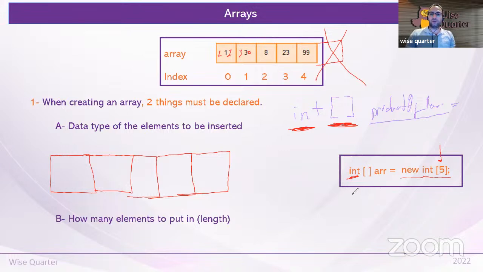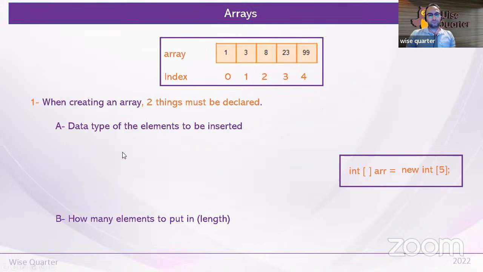Shortly, when we are planning to create an array, we should remember 2 things. First, we should decide the data type. Second, we should decide the length of the array. They are very important. Yes, data type cannot be changed, and we cannot store different data types in an array.